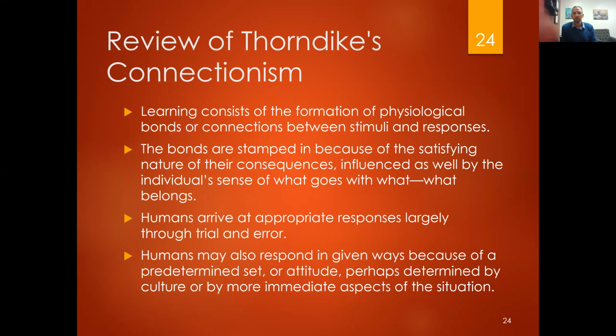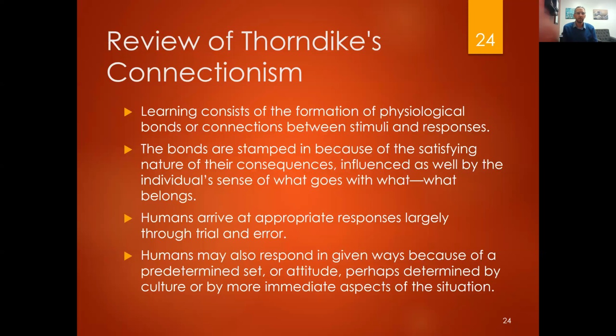So Thorndike's theory, I didn't mention this, but it was called Connectionism. Basically, he argued that learning is about connecting stimuli and responses, that the connections between stimuli and the responses are stamped in because of the satisfying state of affairs that they bring about. They also are influenced by this perception of things going together.